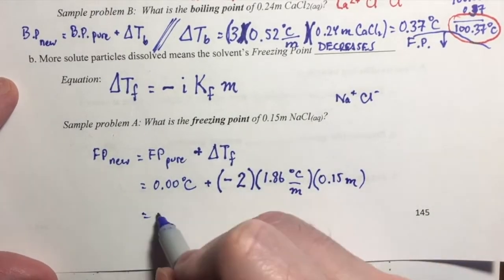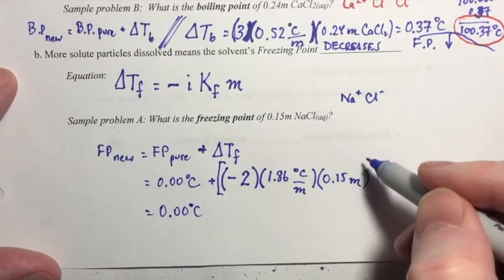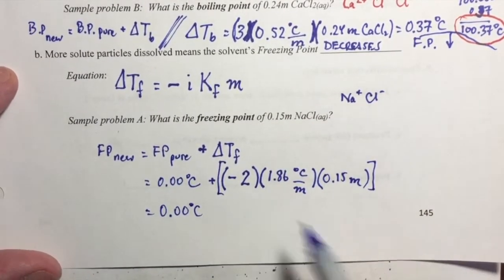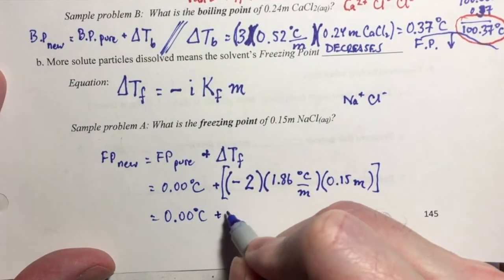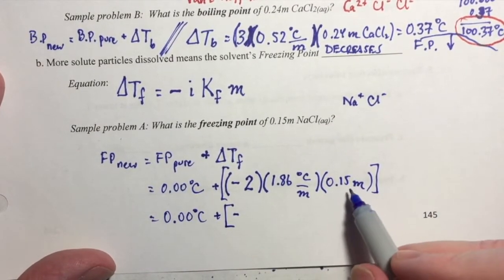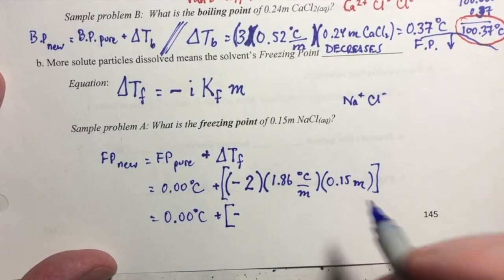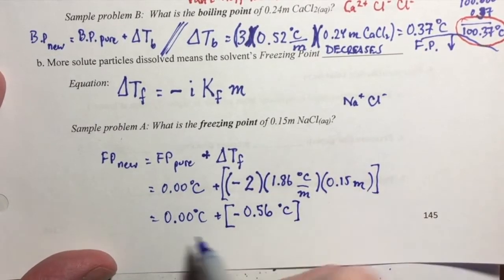Okay, so 0.00 degrees Celsius originally, plus this new delta T, right? If I do this math, -2 times 1.86 times 0.15 equals, so plus a negative 0.558, and I need that rounded to 2 sig figs, 0.56 degrees Celsius, right?